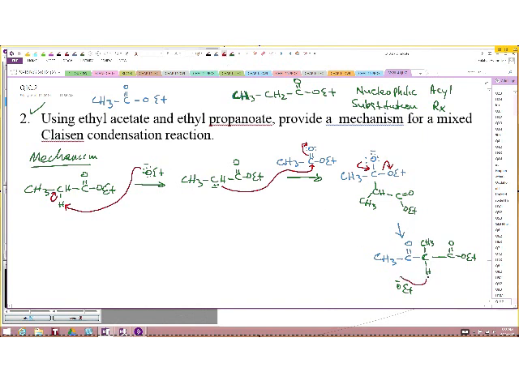Comes here, picks this up, and then we release the electrons to that carbon.